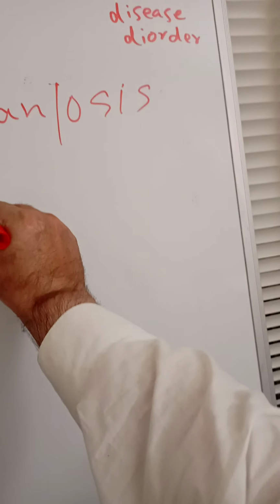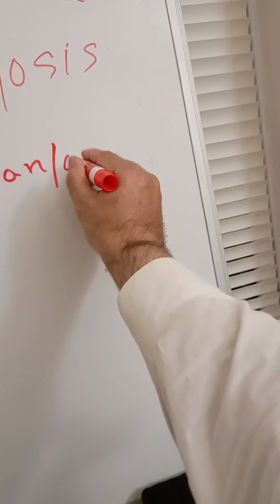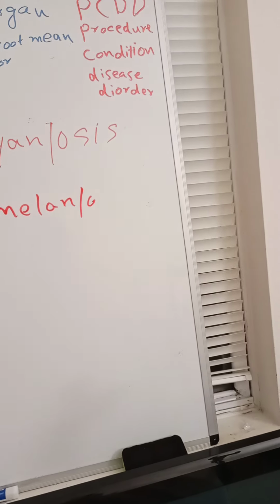Next word is Melan. Melan-O. Melan means black.